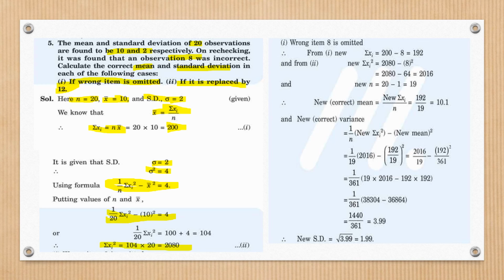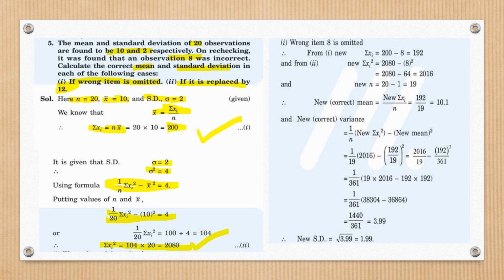It is 2080: 20 multiplied here and then plus 100. So up to here things are clear: my summation xi is 200, including that wrong observation, and my summation xi square is 2080.